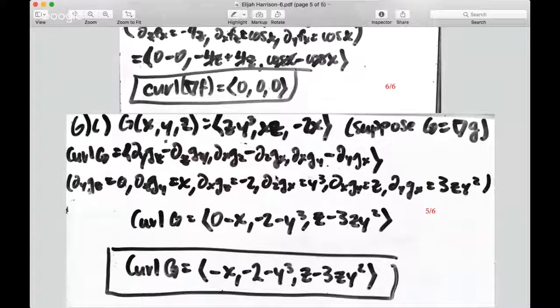Like you have to do the determinant of, yeah, it ends up being that because that's the cross product of a gradient. Here, I'll write it down real quick.